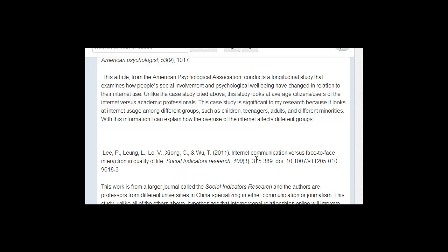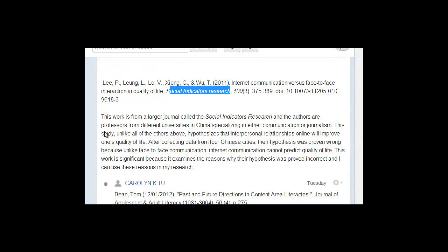This one, yeah, is over 15 pages. This one is clearly an article in Social Indicators Research, and great. This one says it's from a larger journal called Social Indicators Research. I don't know what larger journal means. Is a larger journal a more prestigious journal? I'm not sure. Larger doesn't give me enough information.